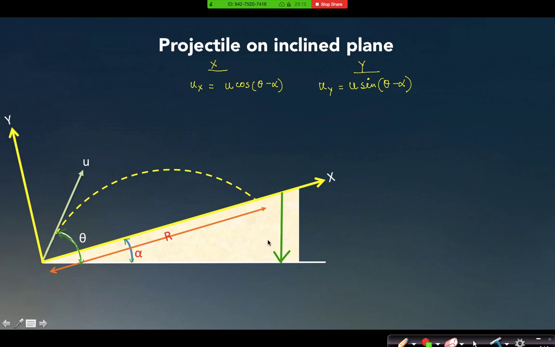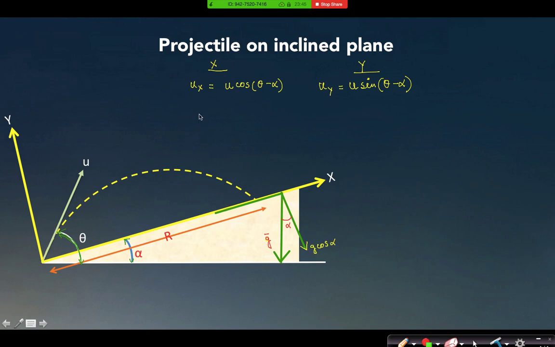If I have to take the components of this acceleration along these two lines, which angle is this, if this is the g vector? Can you identify this angle? It is alpha only, right? So what is this vector? g cos alpha.